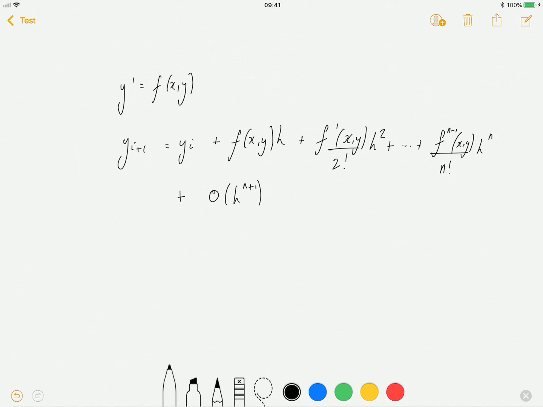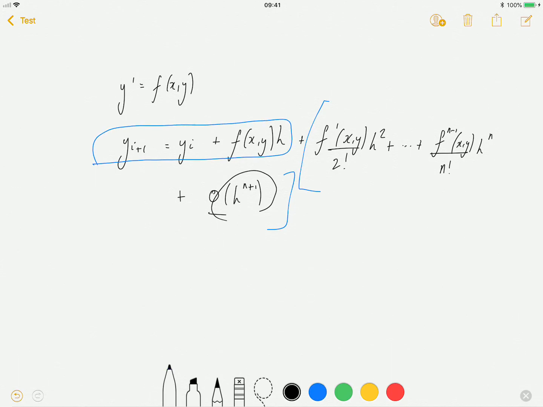So here we can see that the truncation error, or the local truncation error, is proportional to h to the n plus 1. And the truncation error arises because we truncate the other terms of the Taylor series in our Euler approximation. If you recall, the Euler approximation just uses these initial two terms.